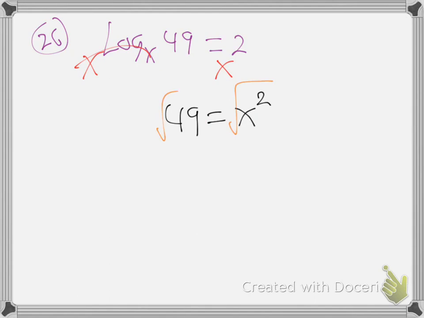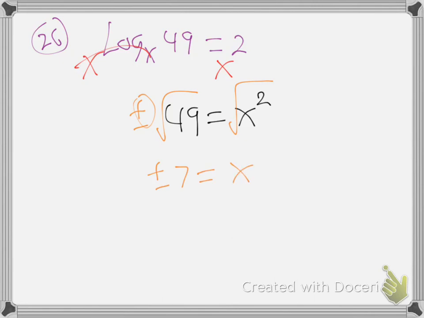Now, when we root, we're supposed to do plus or minus, huh? Remember that? When you put a roof on your house, you have to get the ladder out of the garage and go up and down the ladder, right? I can't just jump on the roof. So when you put a root on both sides, you've got to go plus or minus, up and down. So x is plus or minus 7.